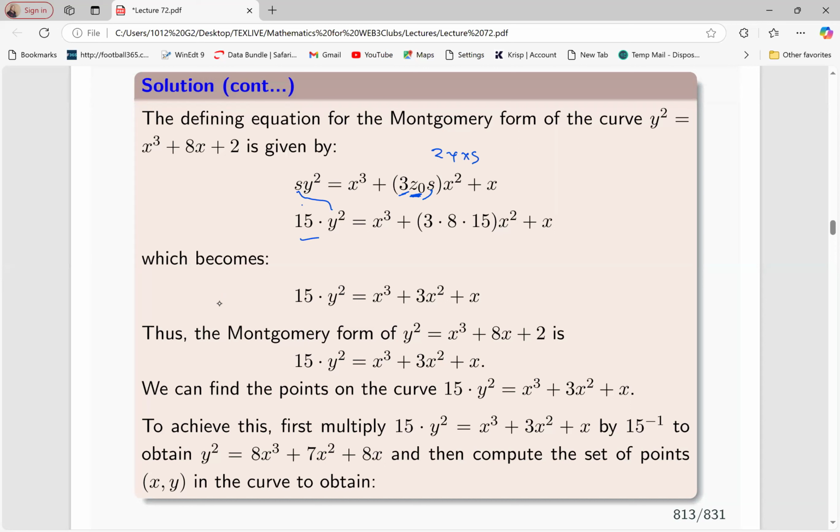Then multiplied by 8, our S. Our S is 15. So 3 times 8, our Z naught, this was our root, then times our S. This answer reduces mod 17. Then multiplied by x squared. You arrive at that as the Montgomery equation.